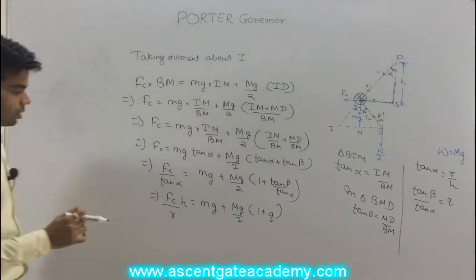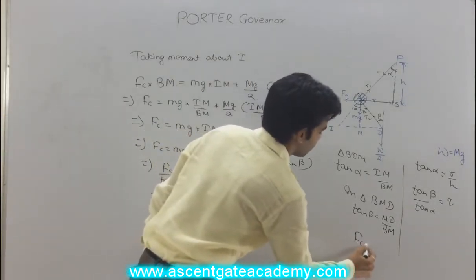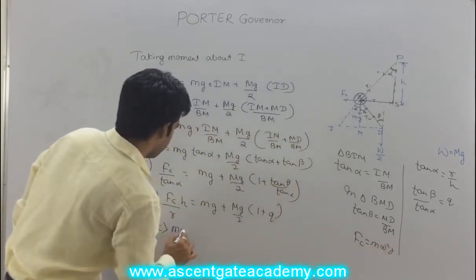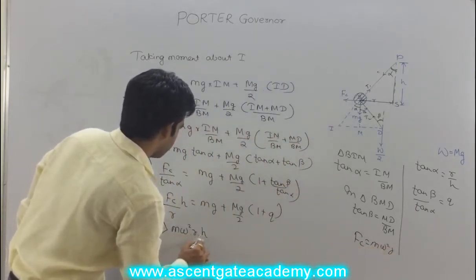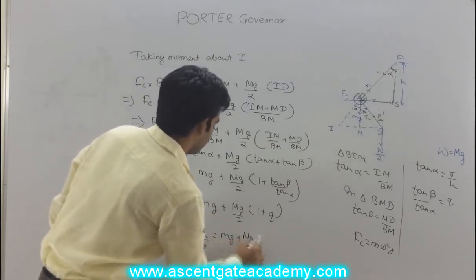Okay. Now just put the value of this Fc. What is this Fc? It is m omega square R. Just put the value. So this will be m omega square R into h by R is equal to mg plus capital Mg by 2 into 1 plus q.